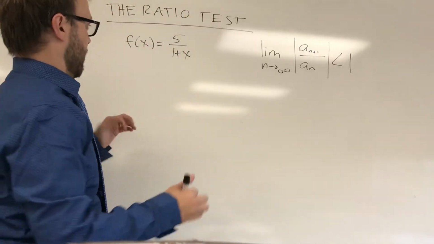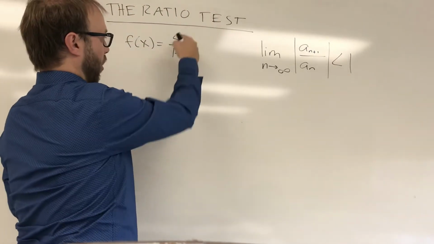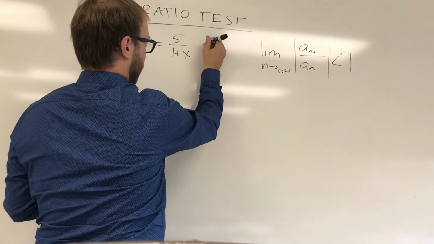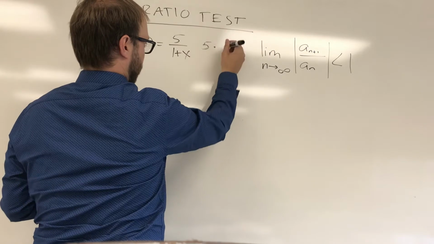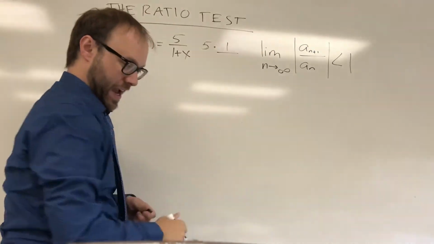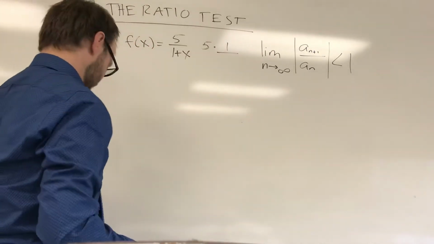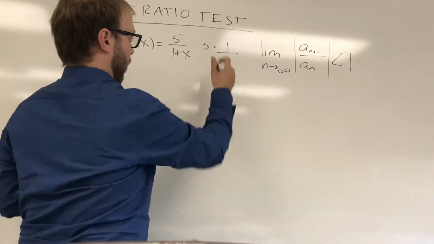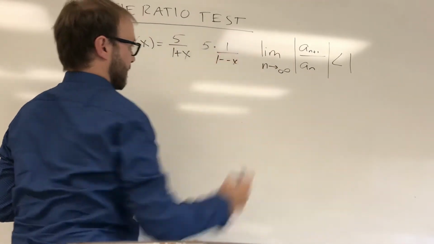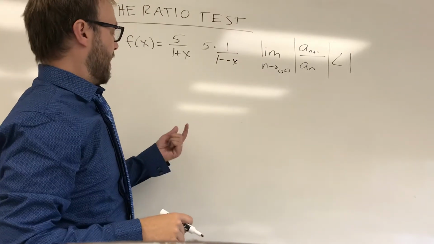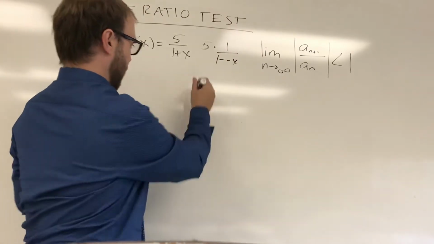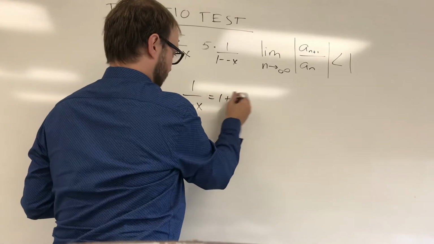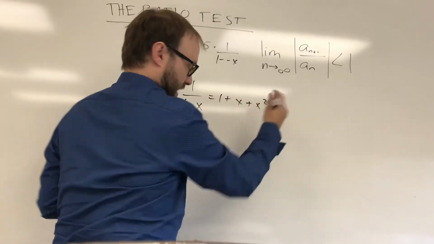So anyway, we need to get this in the form 1 over 1 minus a value. Okay, so we can factor out 5, and that's going to be 5 times 1 over, and again, it needs to be 1 over 1 minus the input. So instead of 1 plus x, I'm going to do 1 over 1 minus (-x). Well, this setup, 1 over 1 minus x, is the geometric series 1 plus x plus x squared, and so on.